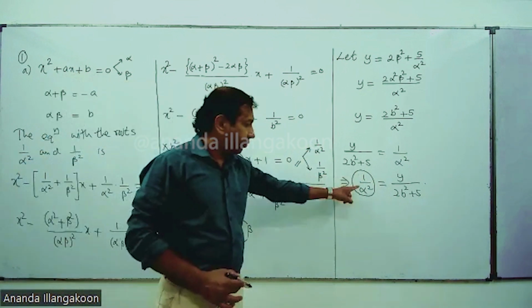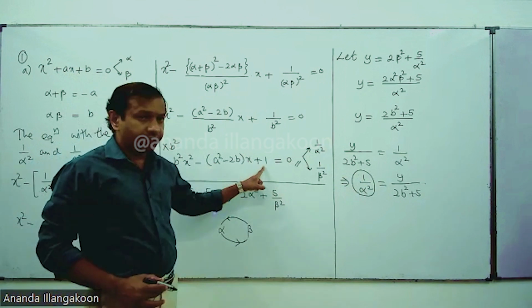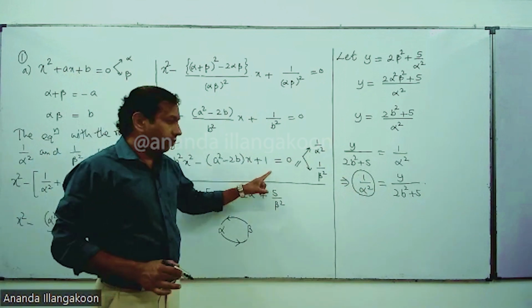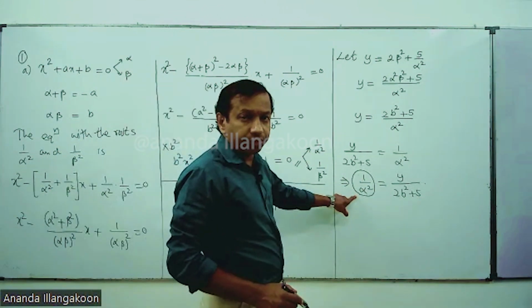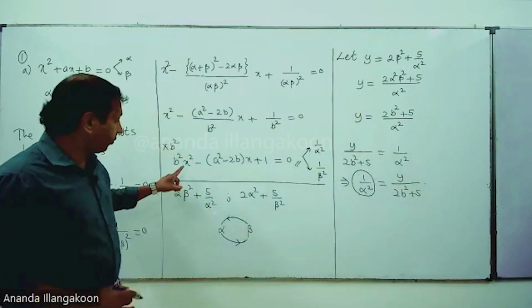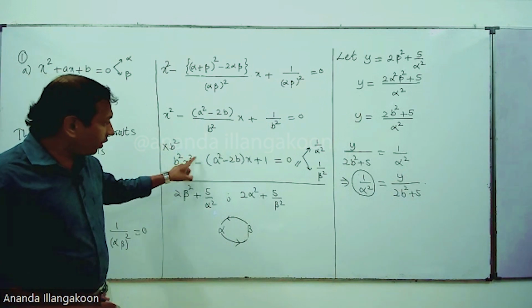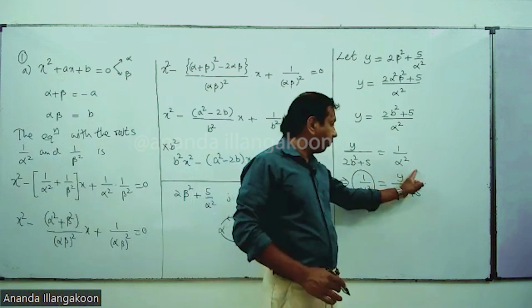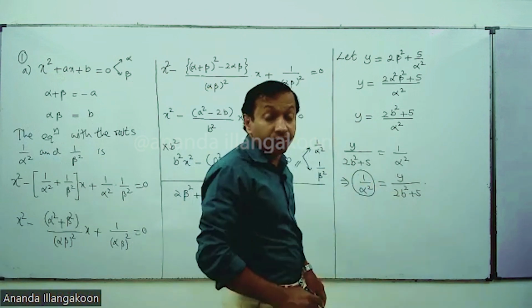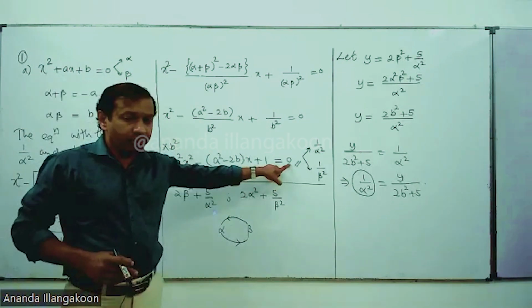Therefore this 1 upon alpha squared, that means this expression, should satisfy this equation. It means when I substitute y upon 2b squared plus 5 for every x here, the resulting left hand side expression should be equal to 0.